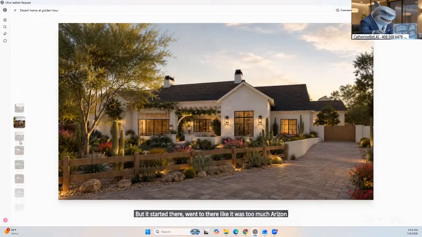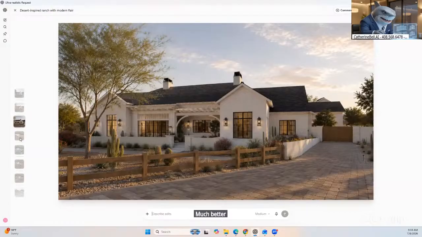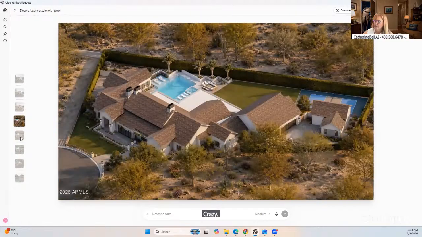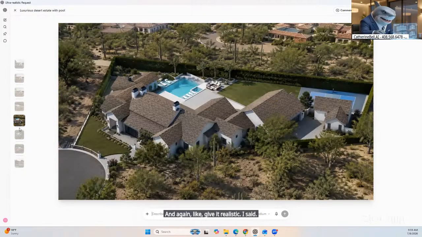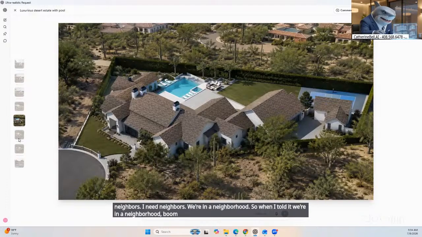I said, can you cut back the landscaping about 60%? Okay, there you go. Much better, right? Crazy. I said I like realistic, but we're in a neighborhood. I need neighbors. When I told it we're in a neighborhood, boom, it gave us a neighborhood.